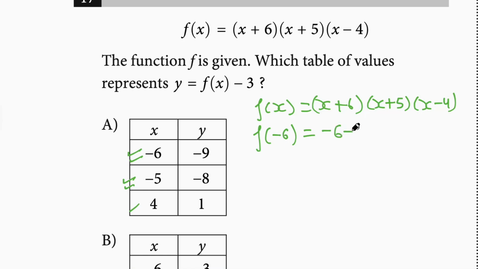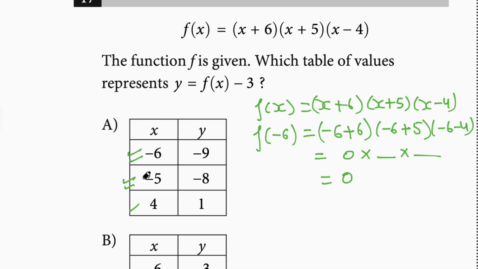So it's negative 6 plus 6, negative 6 plus 5, and negative 6 minus 4. Now this is 0. So whatever the other numbers are, it does not matter. Any number multiplied by 0 is always 0. So negative 6 is with 0. So this is x and this is y or f of x.